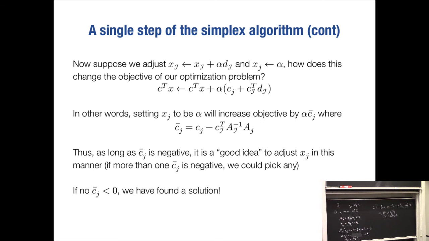So if at least one c bar j is negative, then we can make progress and take a step in that direction. If they're all positive, then nicely enough, we're actually done. We know there's no adjustment we can make to any of our variables that will cause the objective to decrease. And so we're actually at our solution.